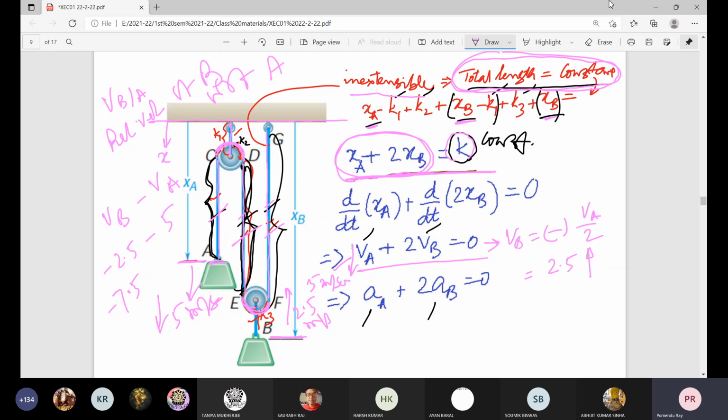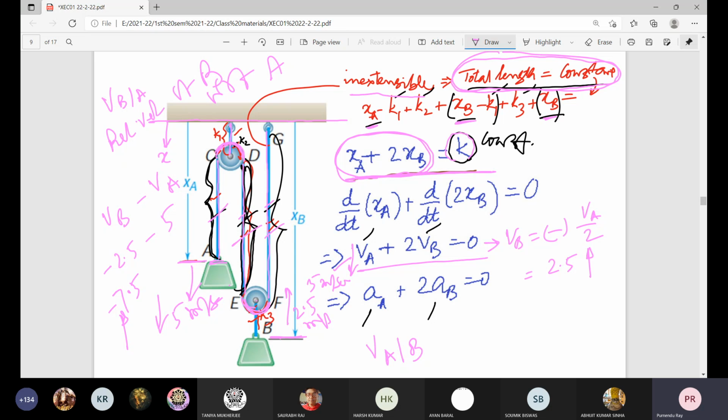So the velocity of B with respect to A: with respect to A, it is moving upward, so this negative sign is there. If it was the relative velocity of A with respect to B, then with respect to B it is moving downward, so it will be plus 7.5.